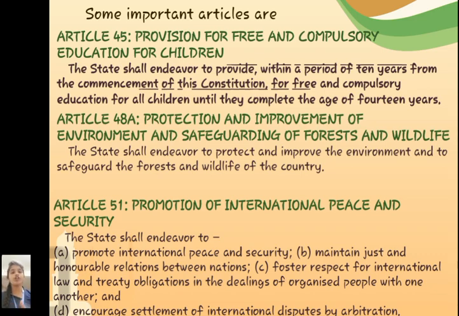So it is important to maintain honorable relations with other nations, and it also fosters respect for international law and treaty obligations in the dealings of organized peoples with one another. It is also important to maintain friendly relationships with one another and obey universal peace. To maintain universal peace, it is the most important article as per my knowledge.